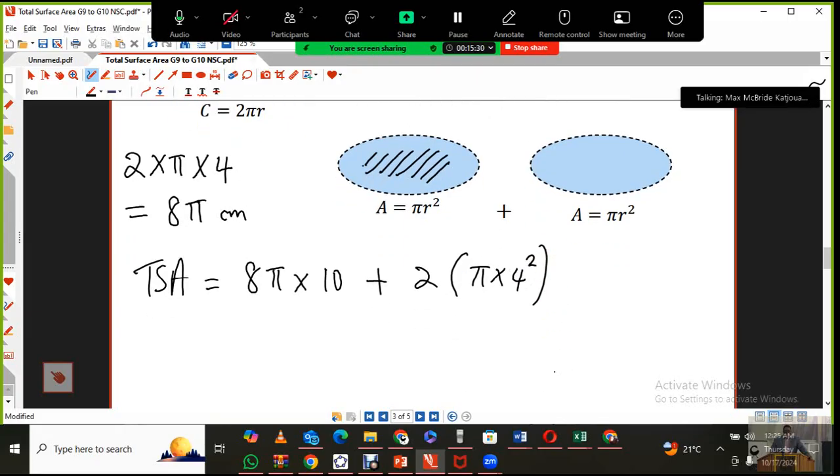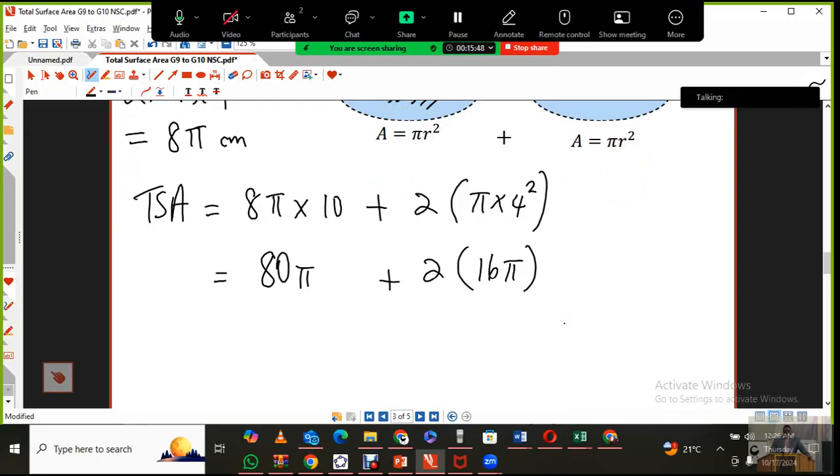So let's just do it step by step. Here I have 80 pi. That's 8 times 10. Here in brackets I have 16 pi, because this is 4 times 4, which is 16. Are you following? Okay, so here I have 80 pi.